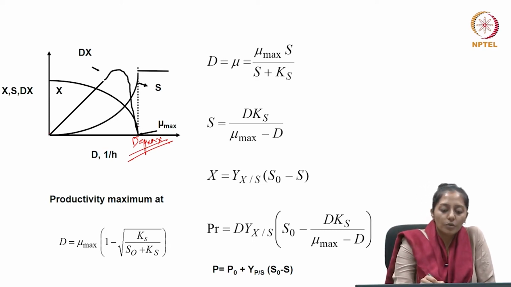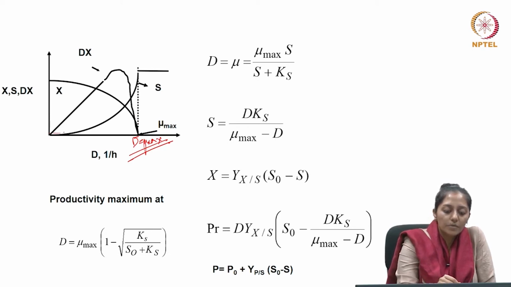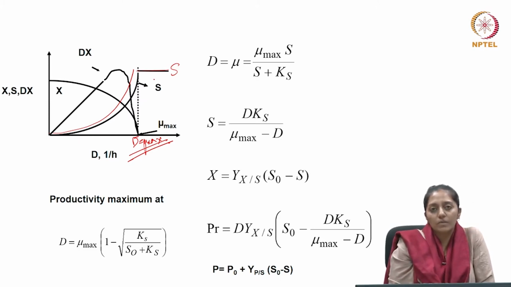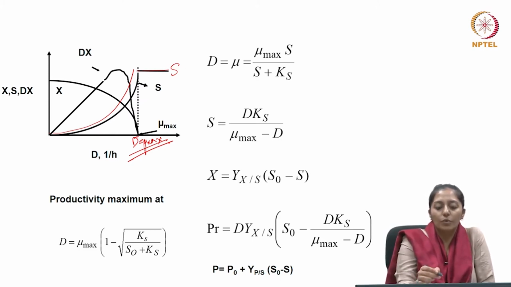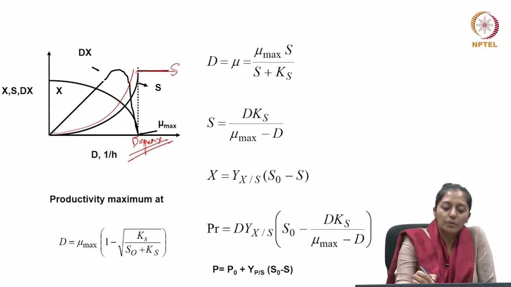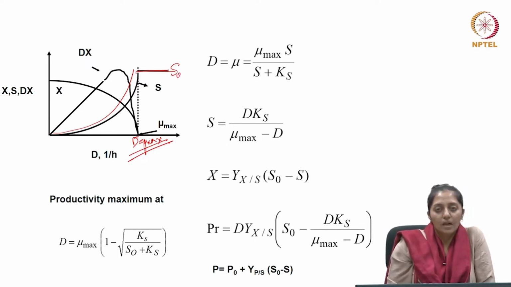So, at the washout, if you see your substrate profile here, it reaches a value and becomes constant. Can you guess what would be the value where it becomes constant? Right. This would be nothing but your feed substrate concentration after the washout, because there is no substrate getting consumed further.